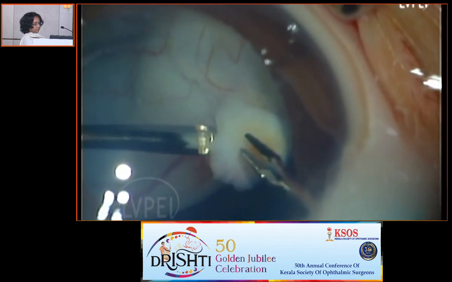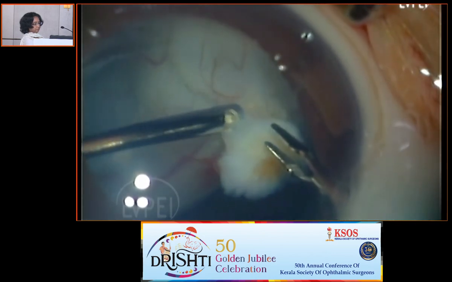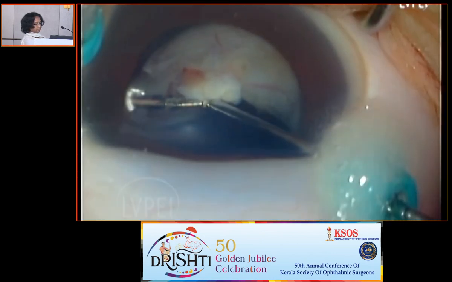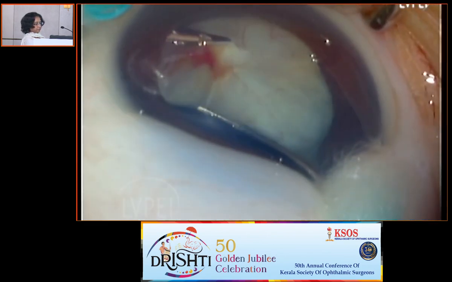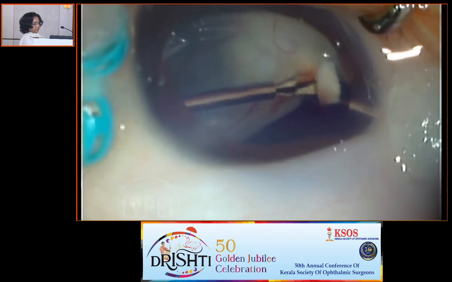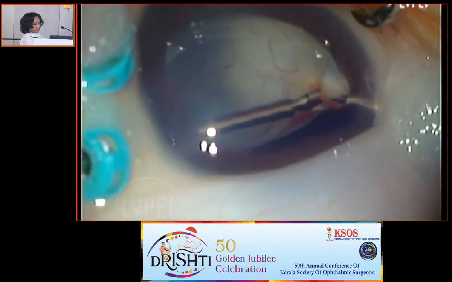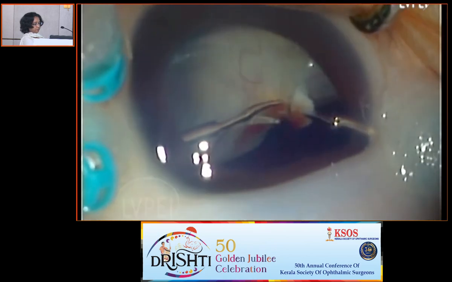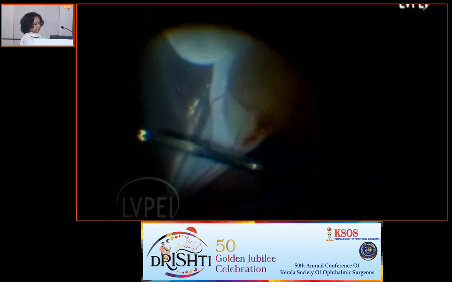After lensectomy using the cutter, the membranes are dissected bimanually using scissors, forceps and cutter under direct microscope illumination. The aim of the surgery is to remove the membrane and release the vitreous traction.